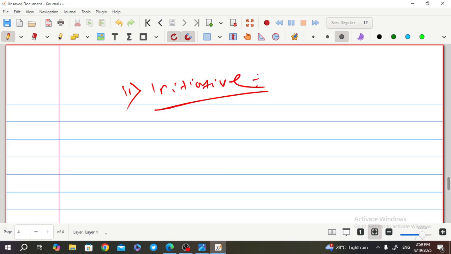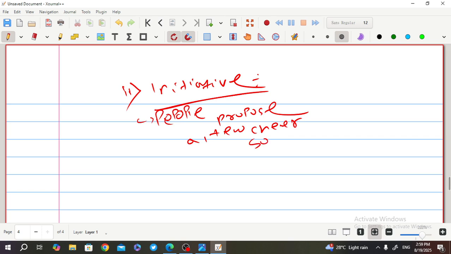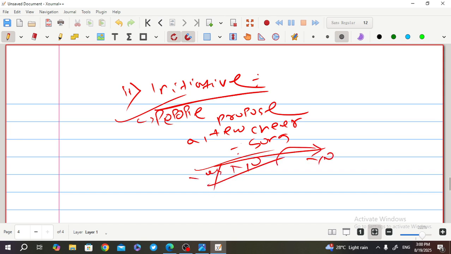Now, with the same example, the people propose a new chair song. In this initiative, some people say yes, some say no. Let's say the majority says yes, then the song will be changed.